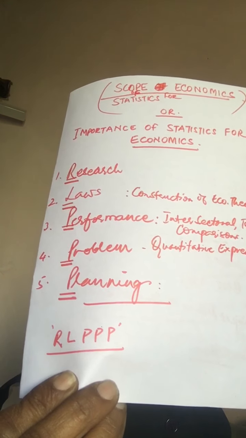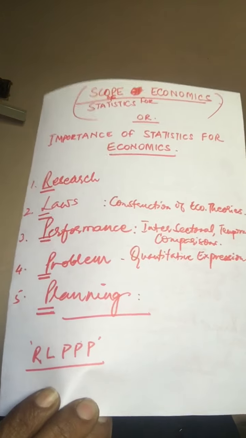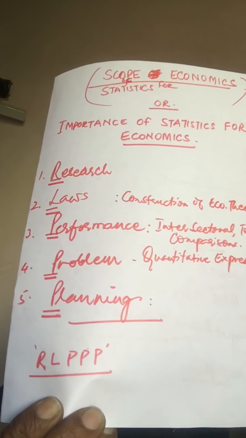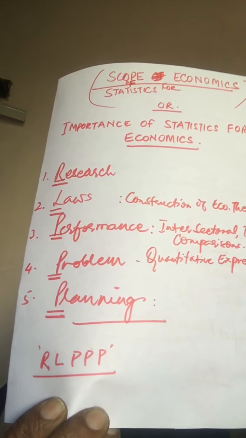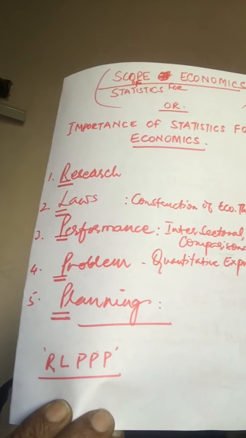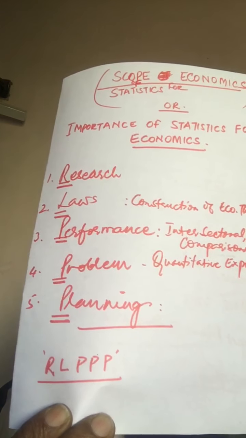the performance. It's like a report card of the economy of the country. To understand the performance of the economy, like today we've had the budget, and just a few days before the budget you have the economic survey, which is a book full of statistics.